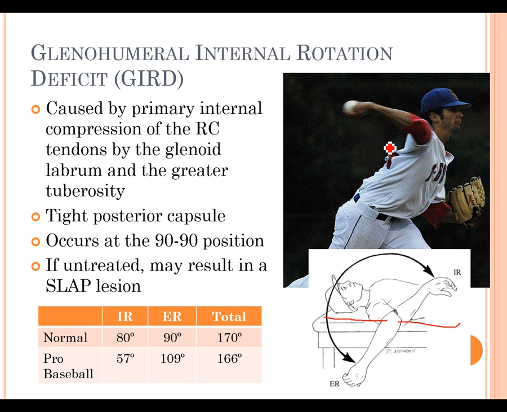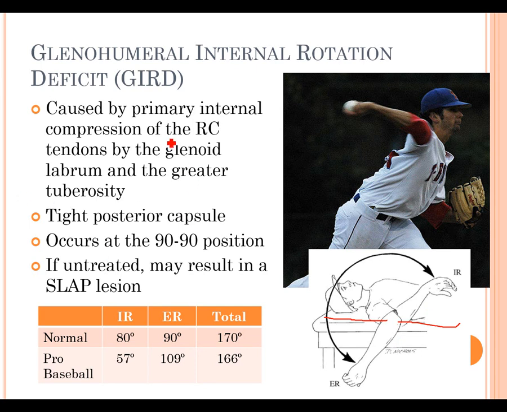Then they start to lose internal rotation because when they are decelerating and following through from that pitch, it starts to tighten up the posterior structures. The posterior shoulder structures are working so hard to slow down that arm movement that they actually become shortened over time. And that's going to be one of the reasons, a tight posterior capsule, why we lose our internal rotation.